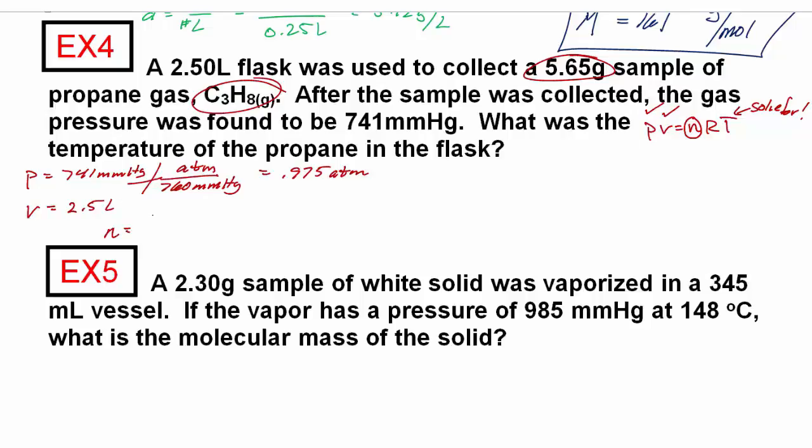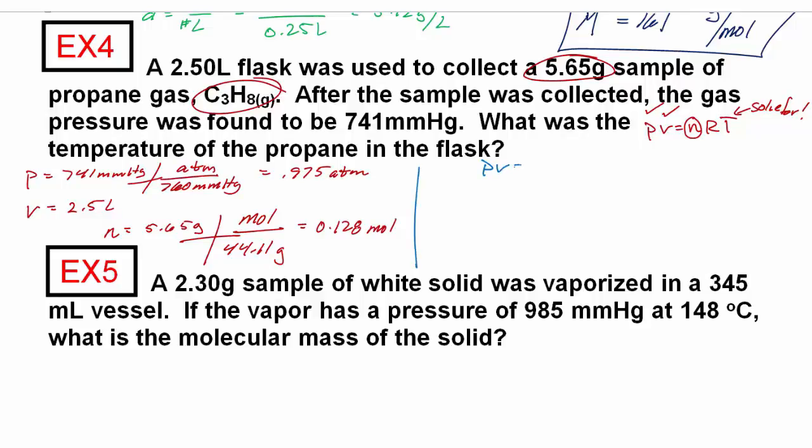My N, number of moles, is 5.65 grams. Let's convert that into moles. I've got 3 times carbon, 12.01 times 3 plus 1.01 times 8, a molar mass of around 44.11. About 0.128 moles.